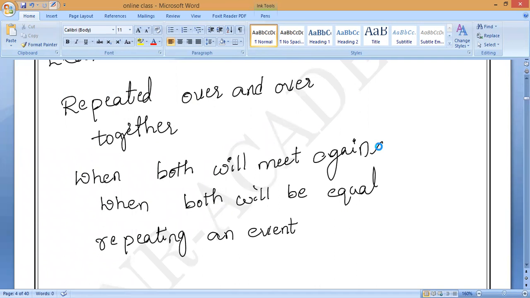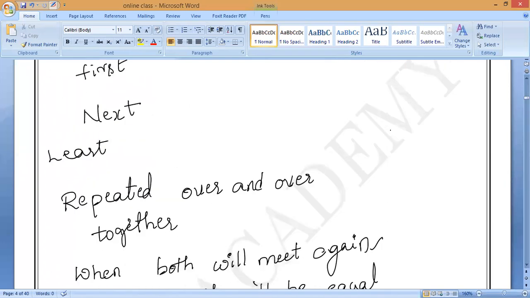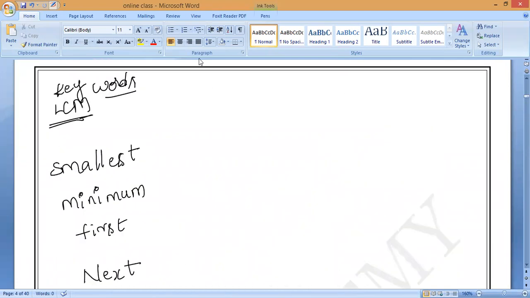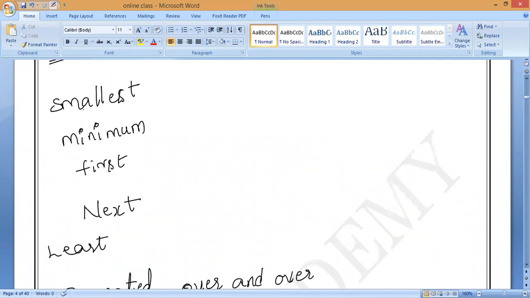Both will meet again, in the same direction, together, starting point is the same. So LCM. Seventh question, LCM or HCF? LCM, because both will meet again and together. These are the LCM keywords.